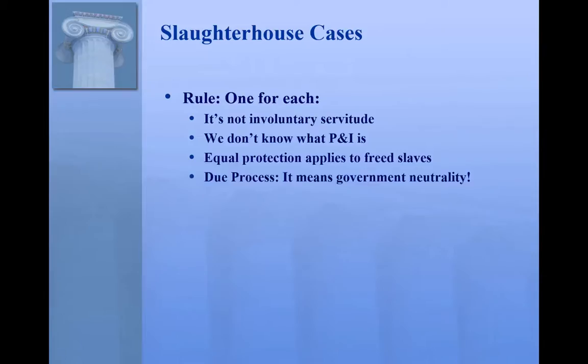And then the court says due process means government neutrality. Now you remember from a previous lecture what government neutrality is. It's the requirement that all states use their power to create social order through laws of general applicability, unless they can find some reason for acting non-neutrally related to public health, safety, welfare, and morals.